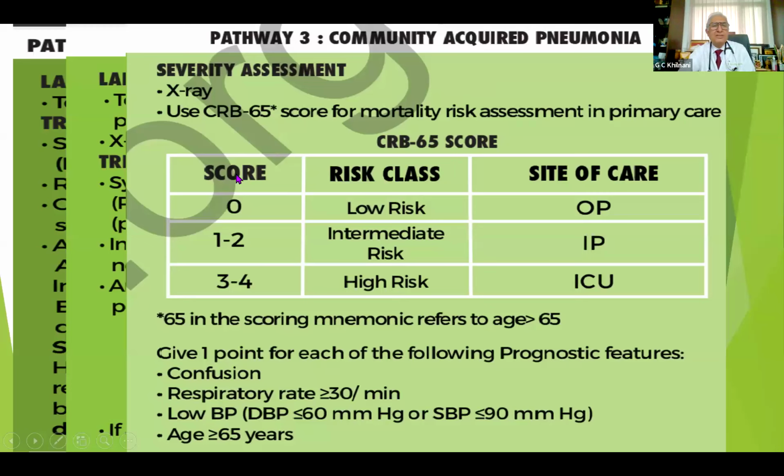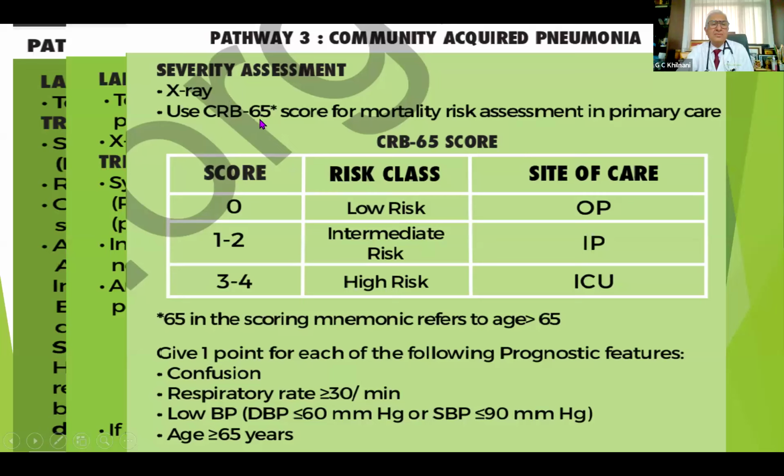So there's a simplified score, CRB 65, that is level of consciousness and respiratory rate. The actual score was CURB, out of which urea has been removed. So if the score is 3 to 4, that is high risk. This patient is likely to require ICU.